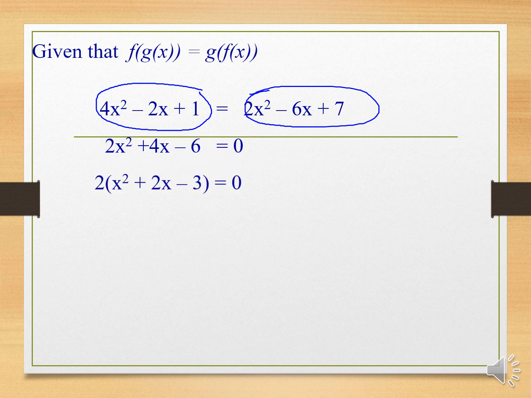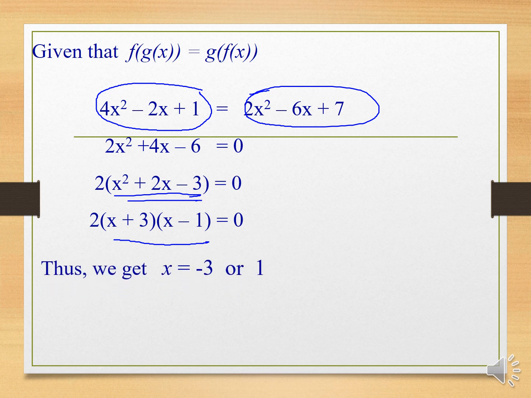And we can simplify this equation as x squared plus 2x minus 3. And factorize x squared plus 2x minus 3, we get (x plus 3)(x minus 1). Thus, we get x equals negative 3 or x equals 1.